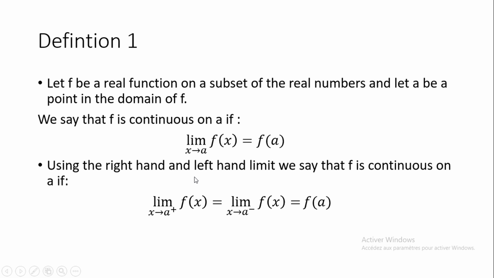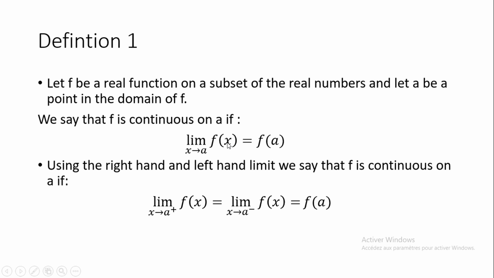Using the right hand and left hand limit, we say that f is continuous on a if the limit when x goes to a plus of f of x equals the limit when x goes to a minus of f of x equals f of a.